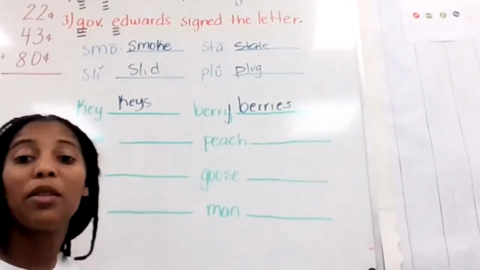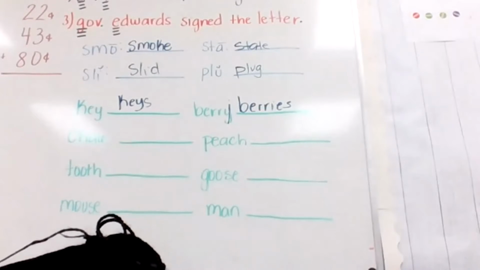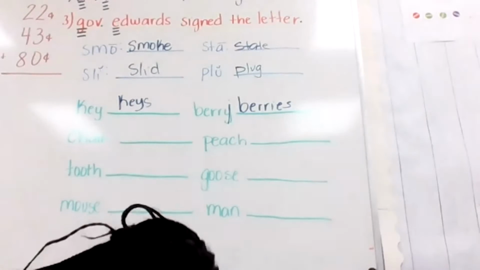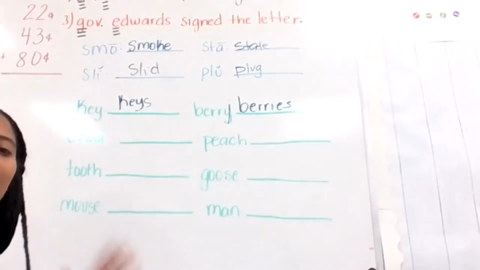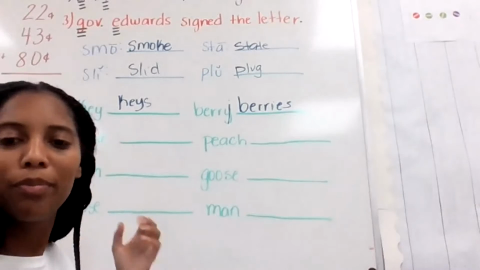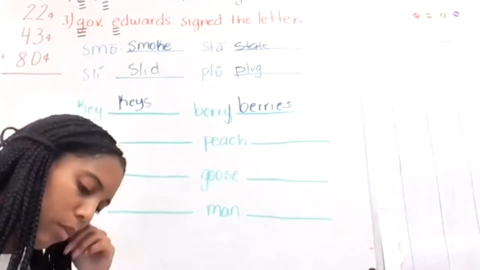Chairs. Sorry, that's supposed to be chair. How do I turn chair into a plural noun? Hannah, what do I do?